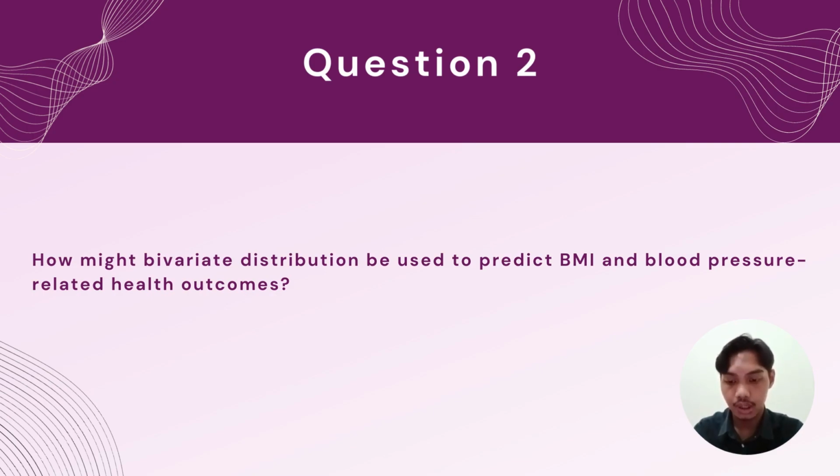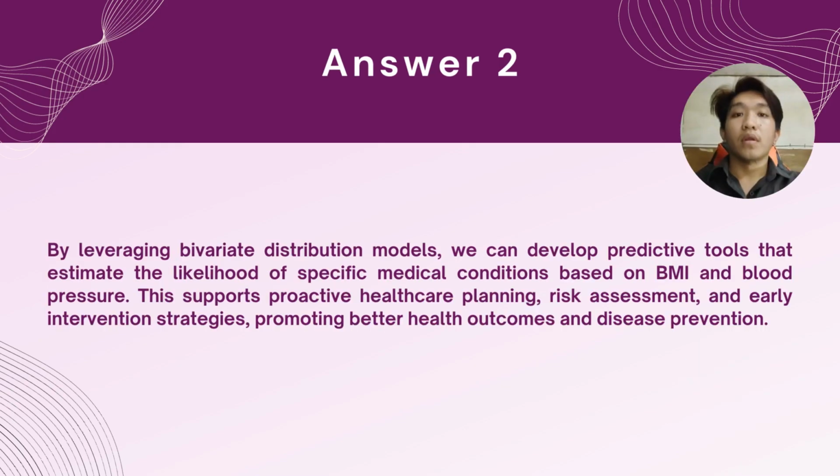For question 2, how might bivariate distribution be used to predict BMI and blood pressure related health outcomes? Thank you for your question. So here is the answer. By leveraging bivariate distribution models, we can develop predictive tools that estimate the likelihood of specific medical conditions based on BMI and blood pressure.